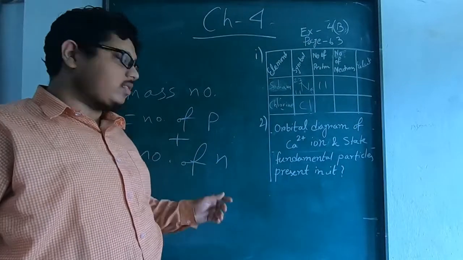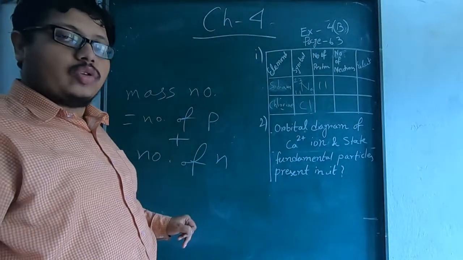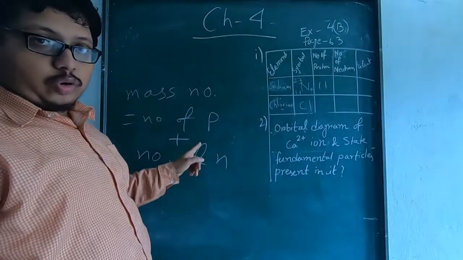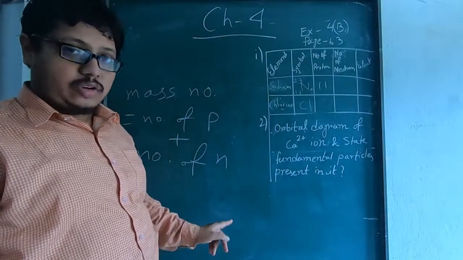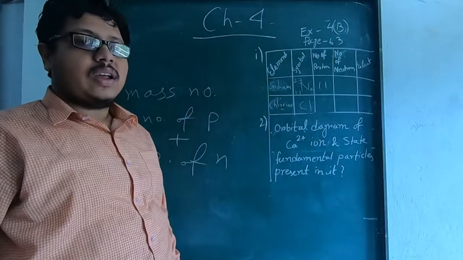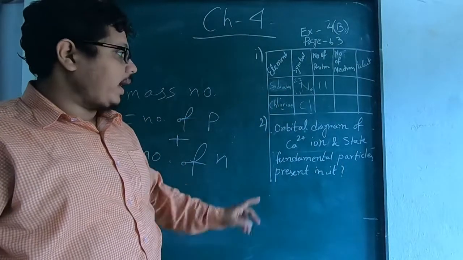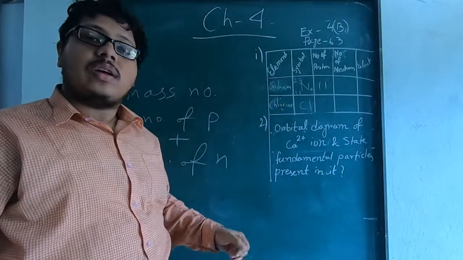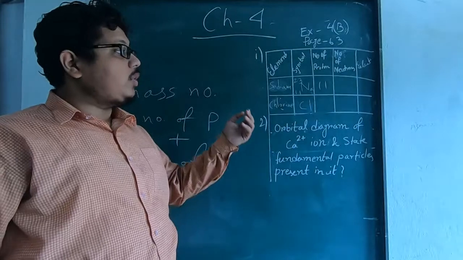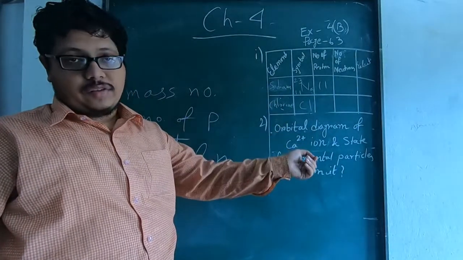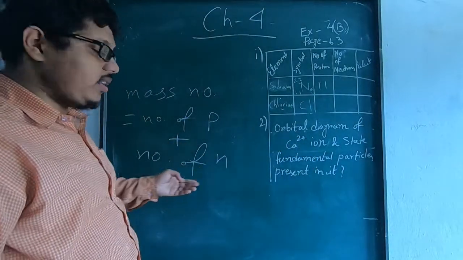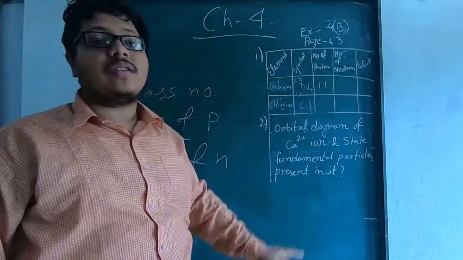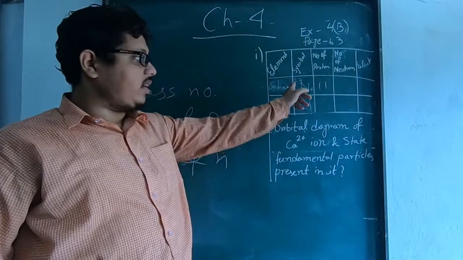Now, we know that sodium has atomic number 11, so number of protons is 11. Since we know that, we can easily find the number of neutrons, because we also know the mass number is 23. It's written right here.